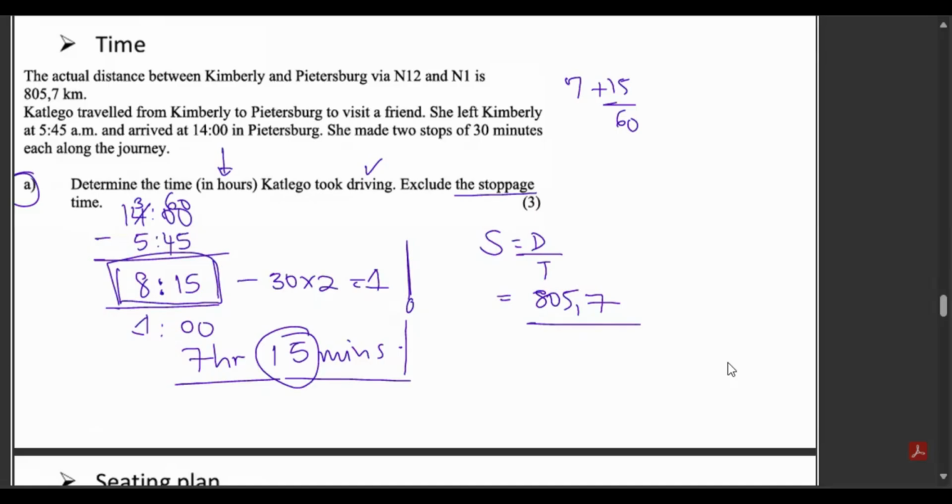Which will become 7 plus 15 divided by 60, which is 7 hours. So we shall come here, it says 7,25. And we get our final answer. So the final answer is what?